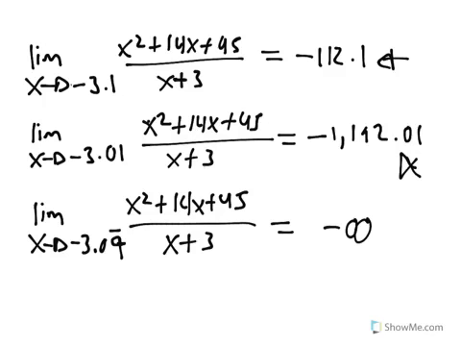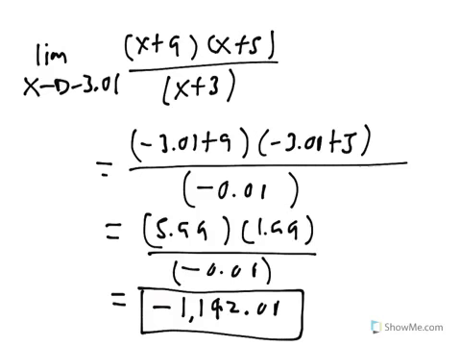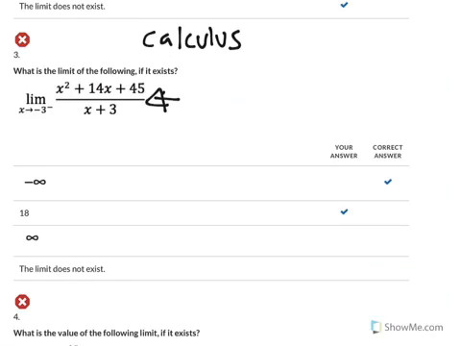The value jumps by more than 1,000. So we can conclude that this limit is going to be negative infinity, because it's going to jump again. It's going to become even more negative as we take the limit when x approaches negative 3. So that's going to be your answer: negative infinity. And that's how you solve this problem.